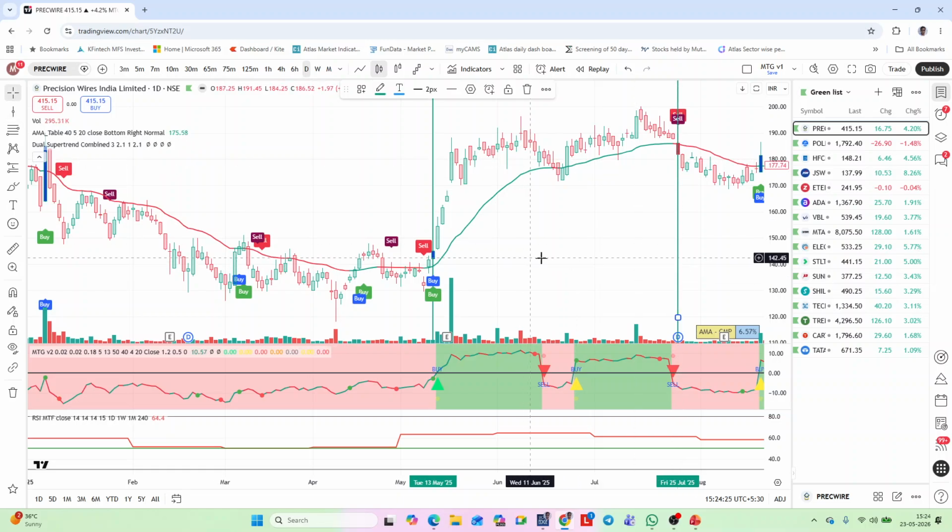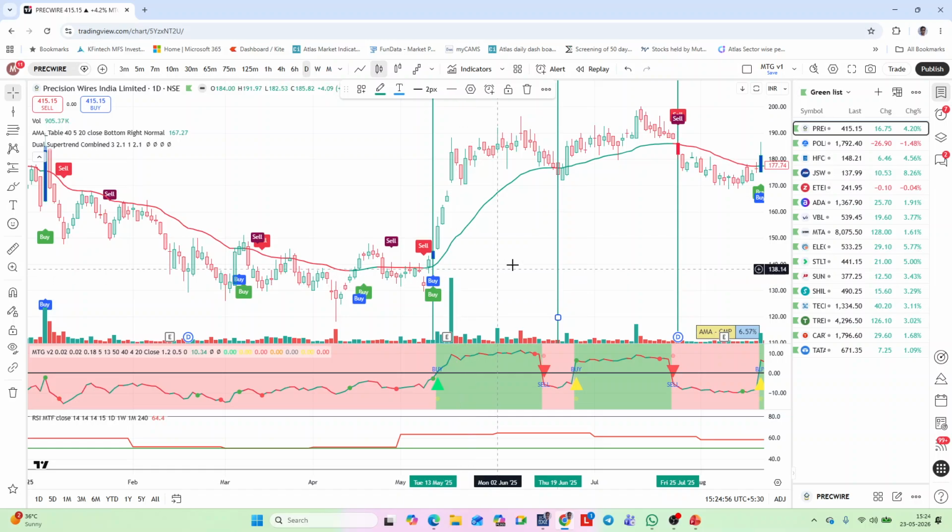Sell signal here. But in between, one time what happened? The candle closed below the AMA line. So whenever this kind of situation happens, whenever there is a candle which closes decisively below the AMA line, even though Super Trend has not given me a sell signal, none of the Super Trends has given me a sell signal, at this level you will go ahead and book your entire position.